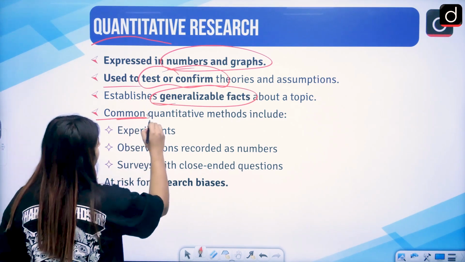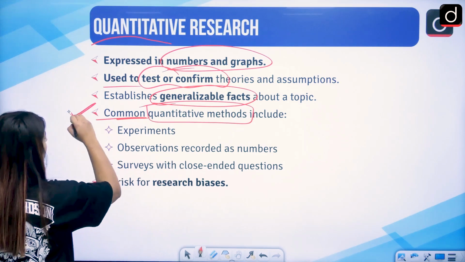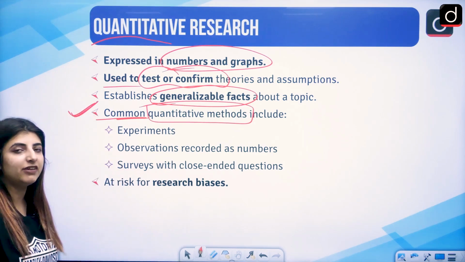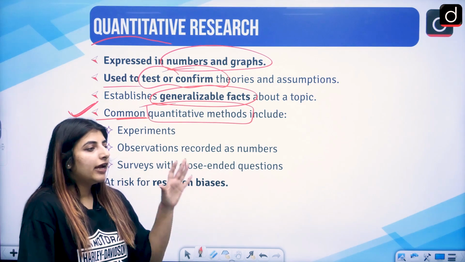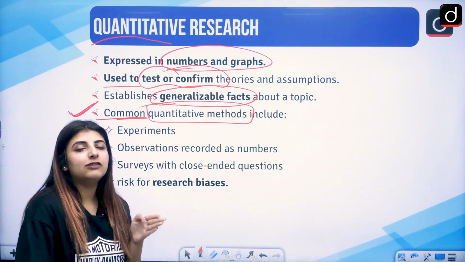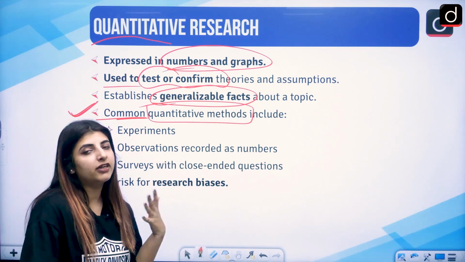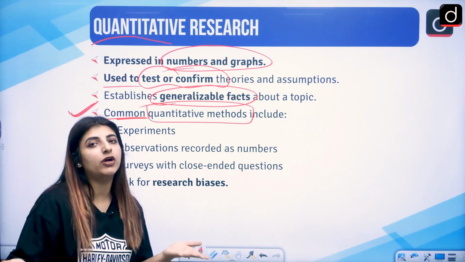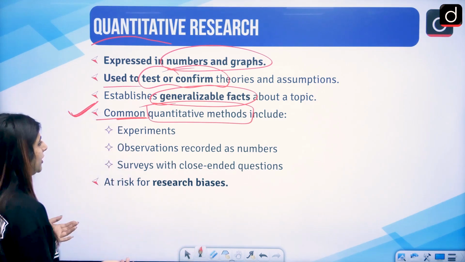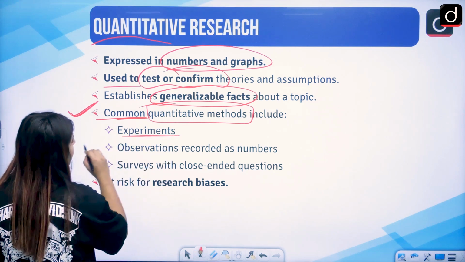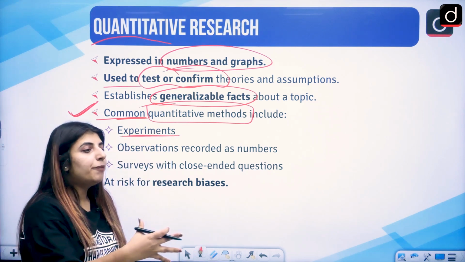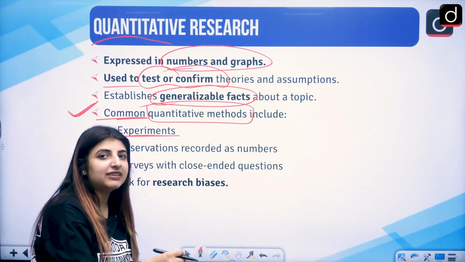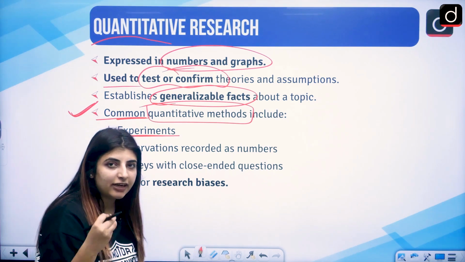There are certain methods. You all need to note down these methods of quantitative research because they usually ask in the question paper which amongst the following are not quantitative methods. So you must know the qualitative and quantitative concepts, which ones amongst them are quantitative and qualitative. Experiments. In experiments, you observe certain things, you measure certain things, you put them under certain conditions.